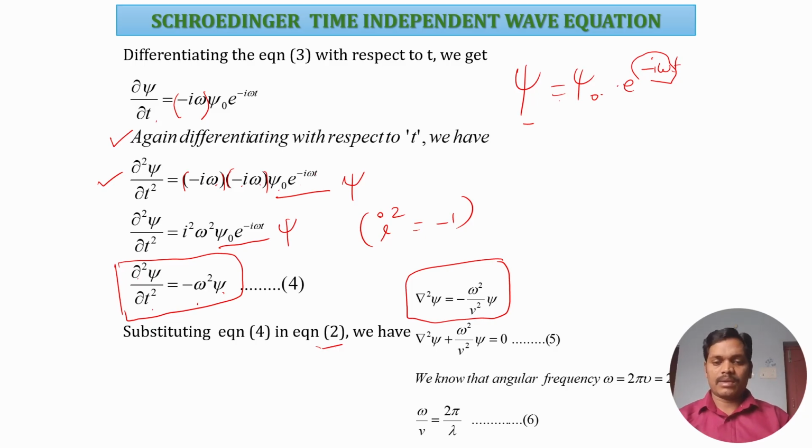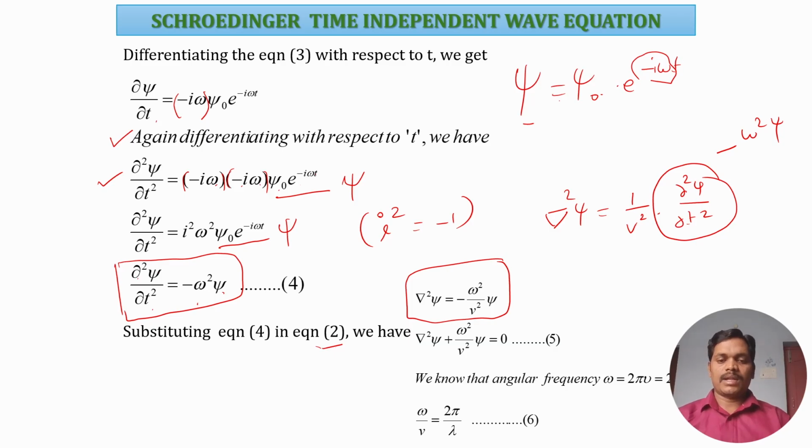Still, if you have doubt, equation 2 is ∇²ψ = (1/v²) ∂²ψ/∂t². Instead of ∂²ψ/∂t², we substitute -ω²ψ, which is why we get ∇²ψ = -(ω²/v²) ψ. Rearranging this equation, you can write ∇²ψ + (ω²/v²) ψ = 0.